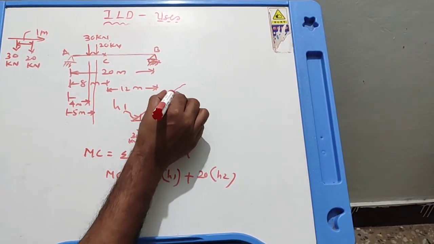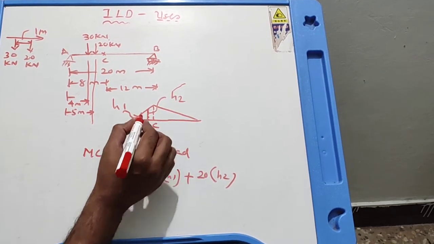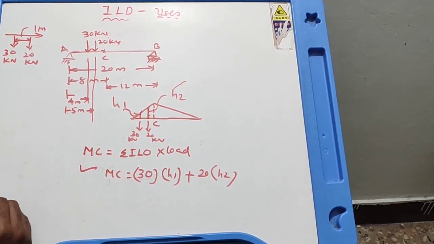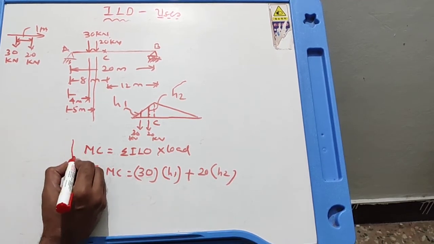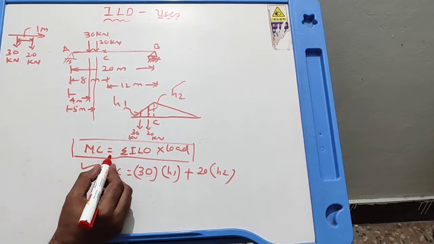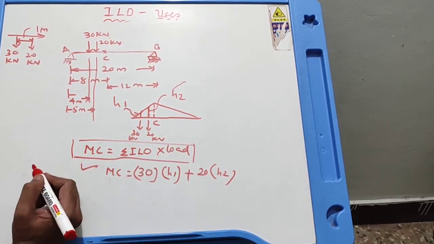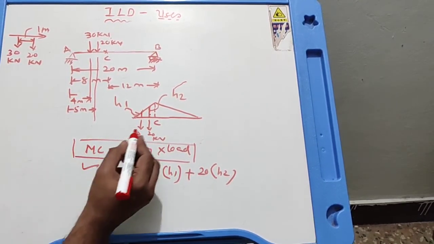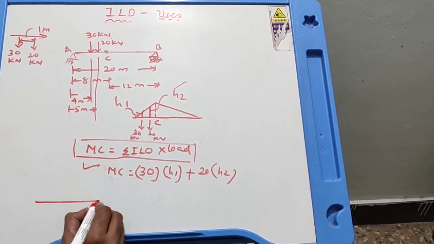I call this H2. You can find H1 and H2. This is how you can find the bending moment at C. That means the formula for the bending moment at C due to a series of concentrated loads is given by summation of influence line ordinate into load. This is true for the influence line diagram for shear force also.